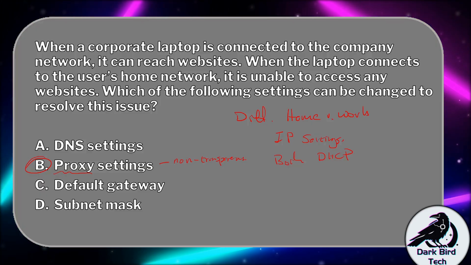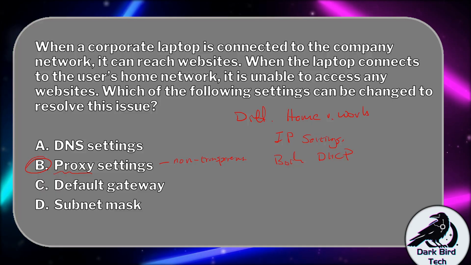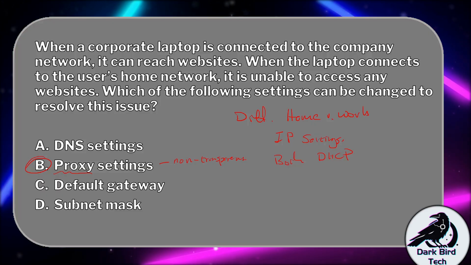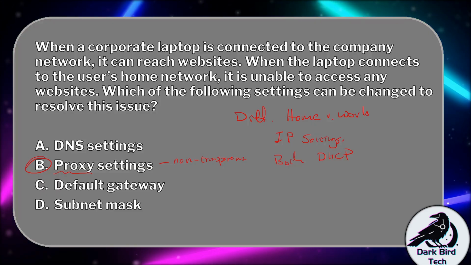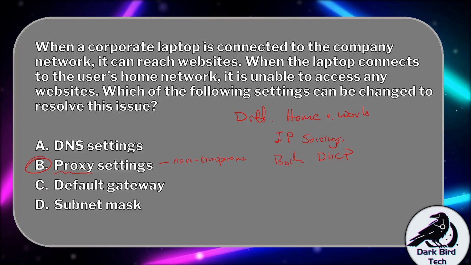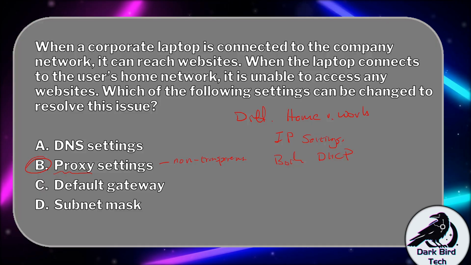Now, if the proxy server is not present or online, the requests get forwarded to nothing, and then you obviously don't get a response. And when the user goes home, and that setting is still enabled, the proxy server is not present at the home network, so the user fails to go online. But if we go into the settings and turn the proxy off, the user will probably be able to go online. So that's probably what's going on there.